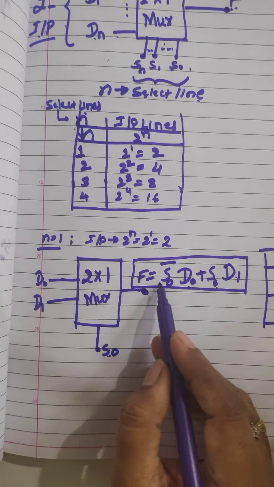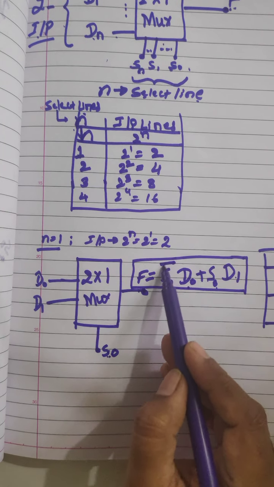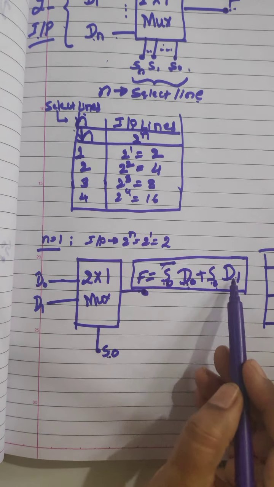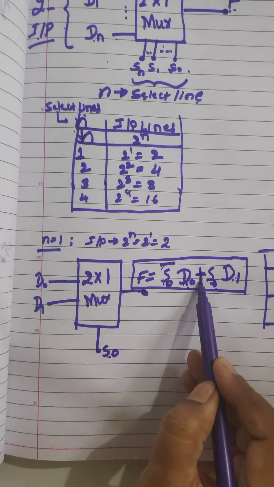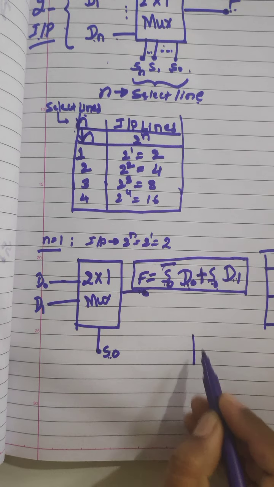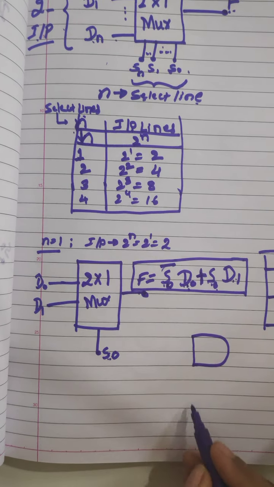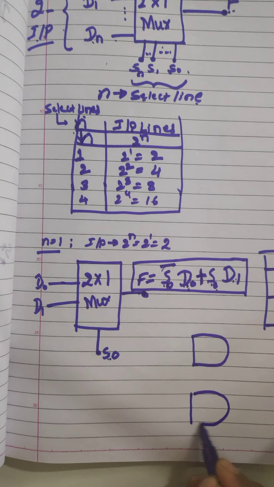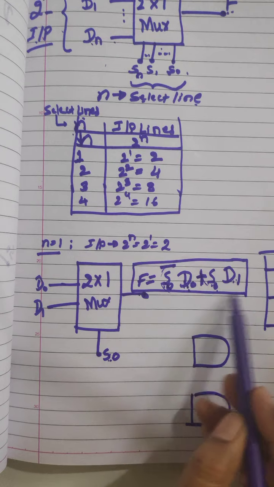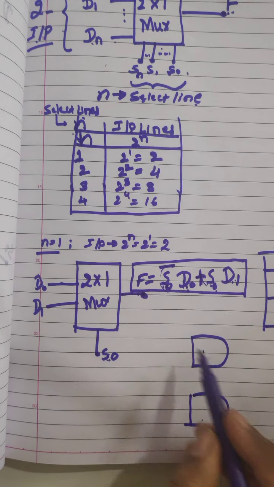So in the equation we have the multiplication between S0 bar and D0, and an OR operation. For multiplication we want the AND gate. So we have two multiplications, two AND gates are wanted.